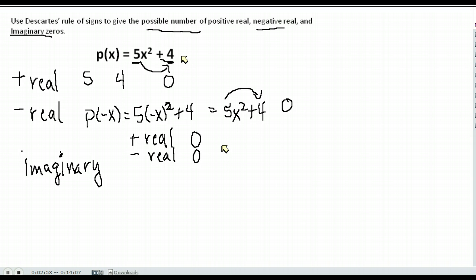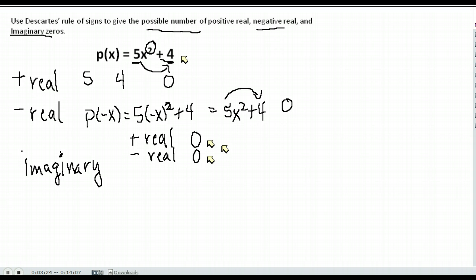And the way that we figure out how many imaginaries there could be, we look at the polynomial's degree. Now notice this is degree 2, okay? So that means there will be 2 zeros total. Whatever the degree of your polynomial is, you will have that many zeros. Now realize some of them could be real and some could be imaginary, but total we need 2. So far I have 0 positive, 0 negative.